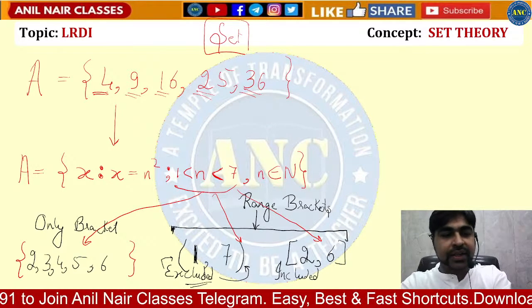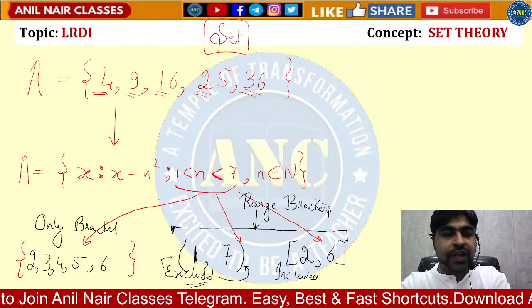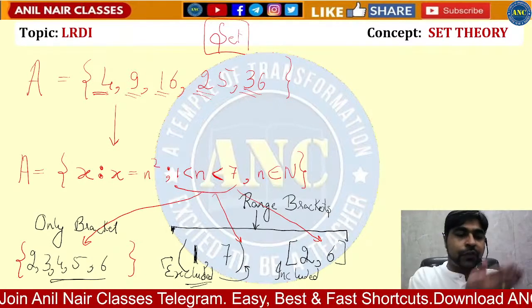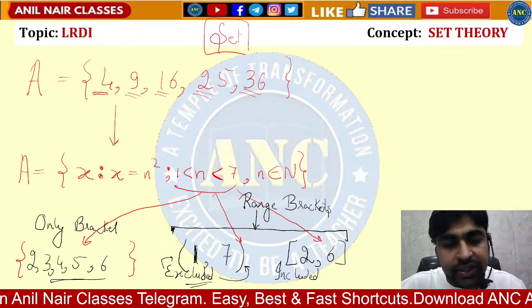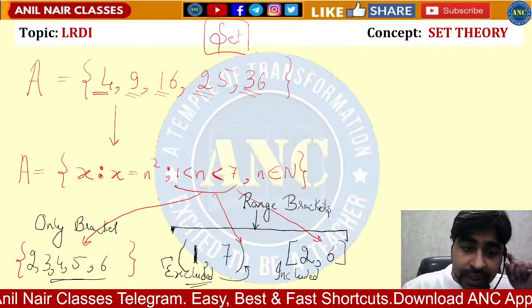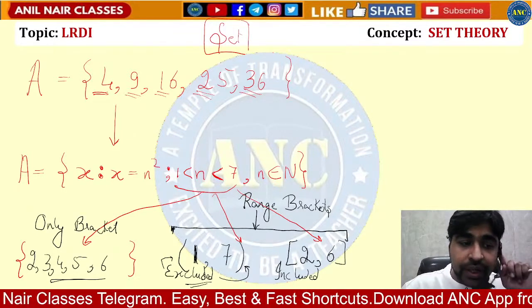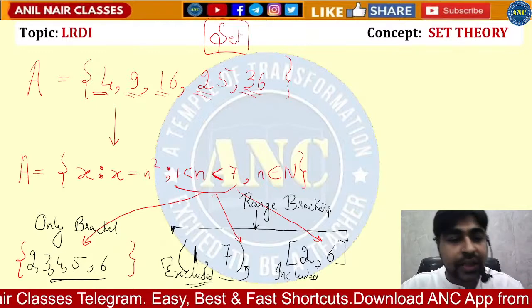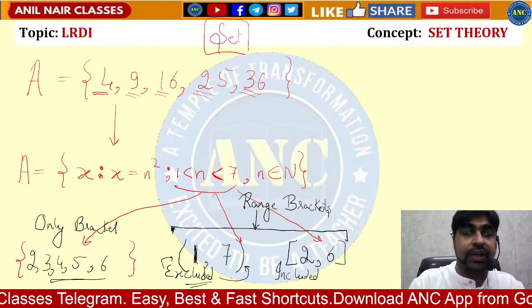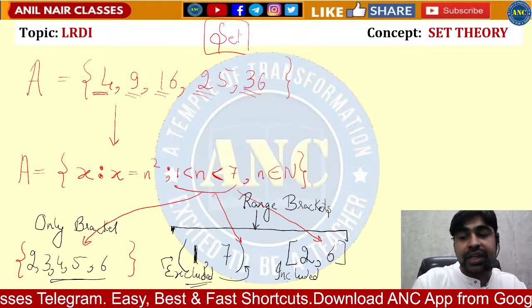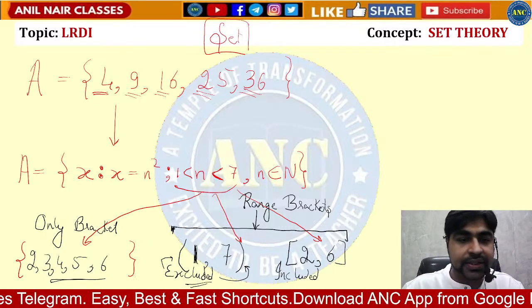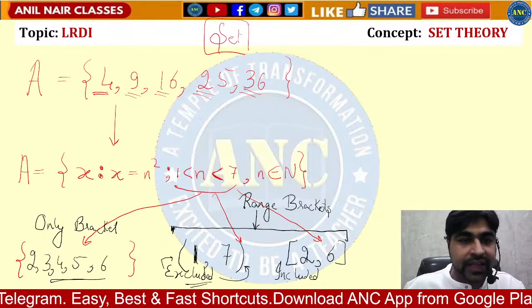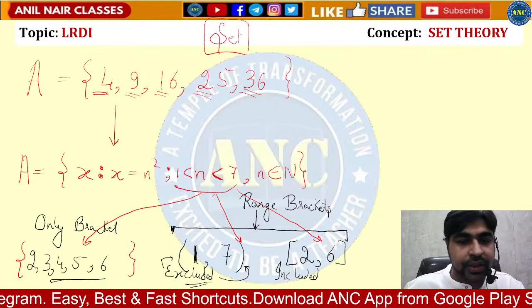And that is why both these range brackets will have 2, 3, 4, 5, 6 as the values that are supposed to be inside them. So that is why they are called range brackets.